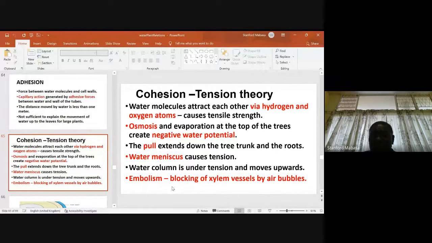If you take one molecule of water and another molecule of water, they are attracted via the hydrogen and oxygen atoms. We call this hydrogen bonds. But a lot of these can become cohesion. And this causes tensile strength.